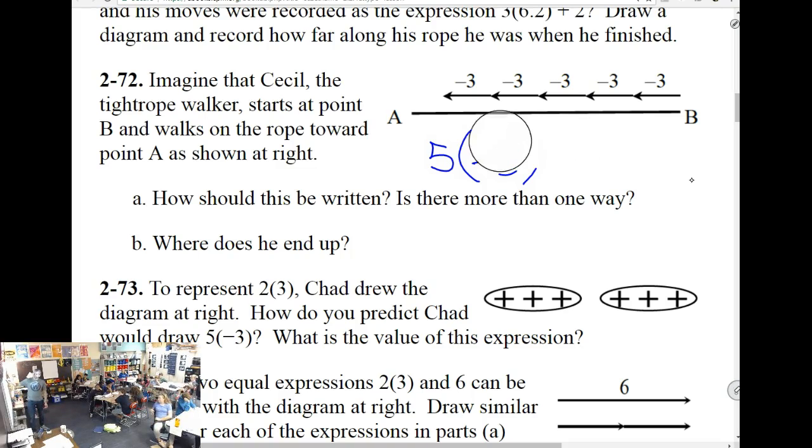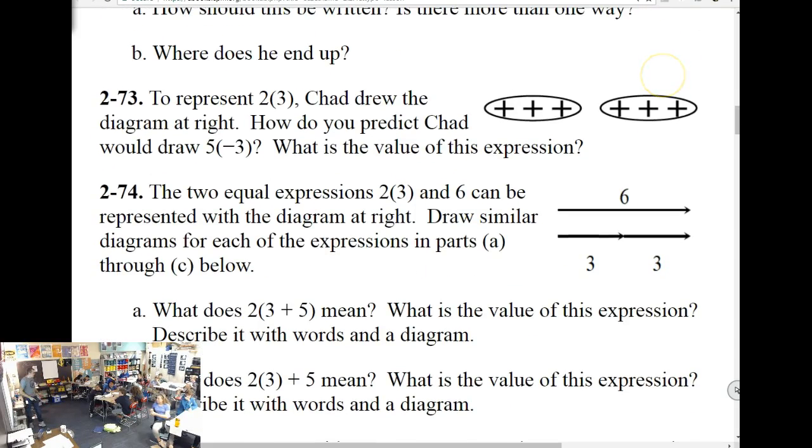So, Chad, I miss Chad. Chad Dudash came to Phoenix a long time ago. Chad writes 2 times 3 like this. He was asked to make a visual representation. Does that work? Yeah. What else could he be representing? 3 times 2, right?